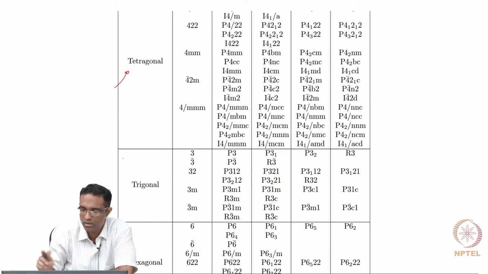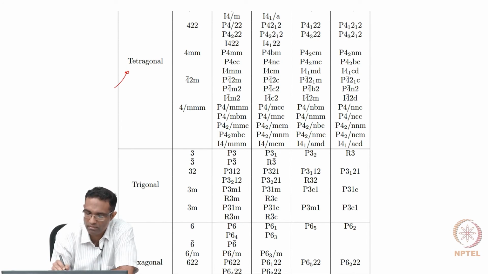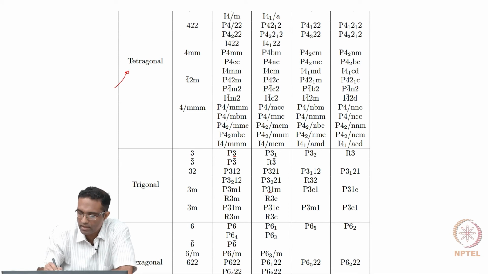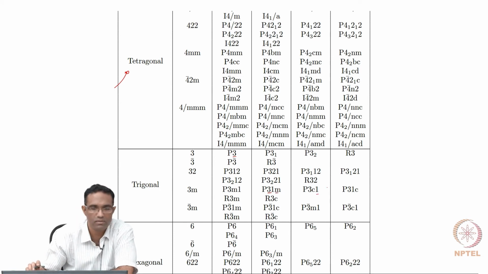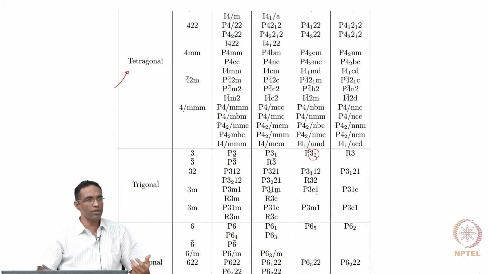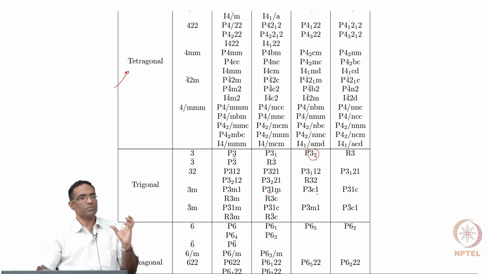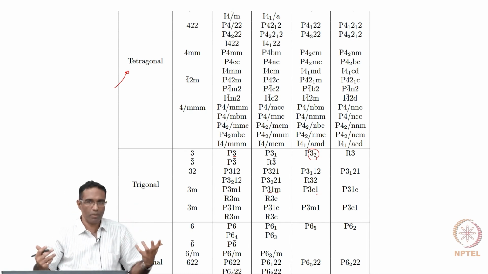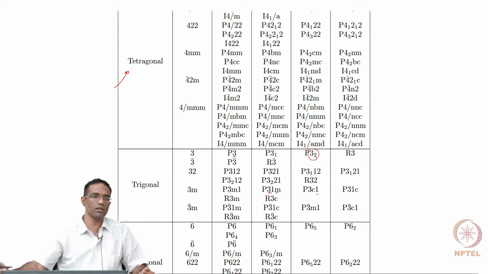Then the trigonal is going to have a three-fold rotation in the first spot followed by mirrors or nothing. If there is a three-fold rotation, it is obviously possible to have additional symmetry operators such as three-fold rotation with some screw axis being present. That is also possible. So all these are listed here.